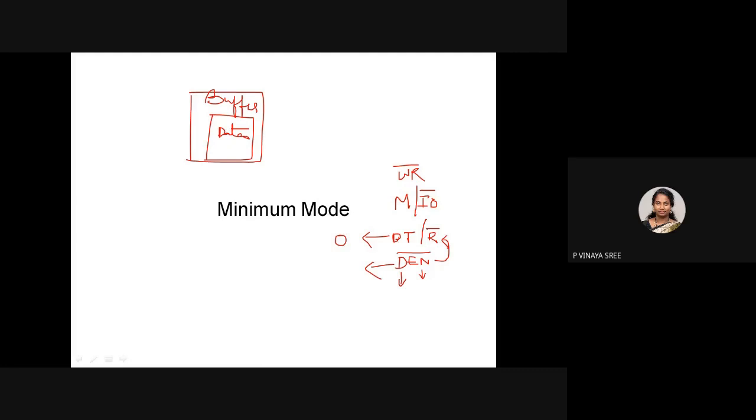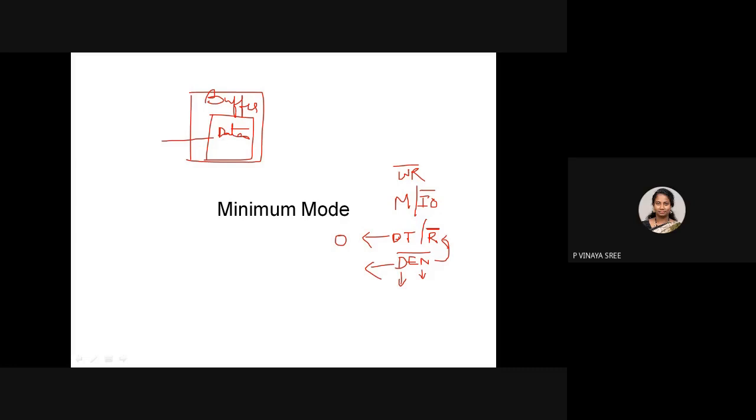Here you have DT by R bar, which indicates receiving the data when it is 0. For this pin connected with a low signal, it is receiving. Yes, the processor is receiving this data.